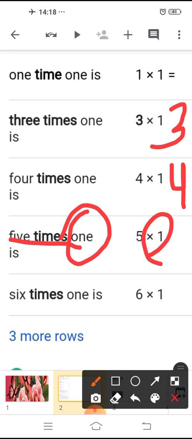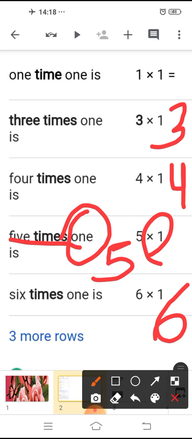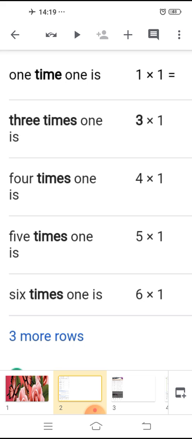So 5 into 1 will give you 5. Now 6 times 1 is 6 into 1, which is 6. Okay, now come to next.